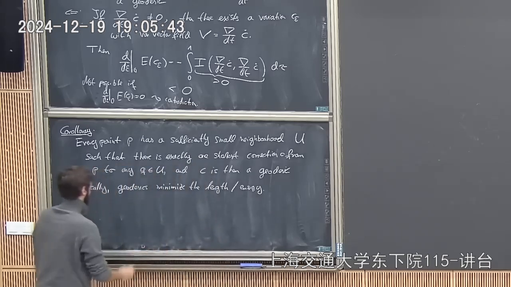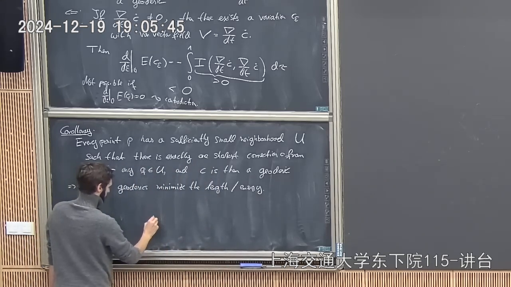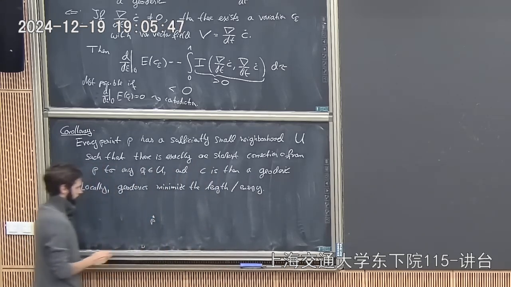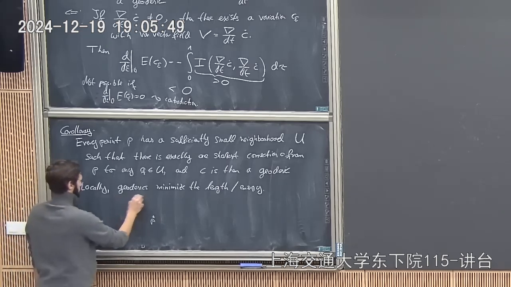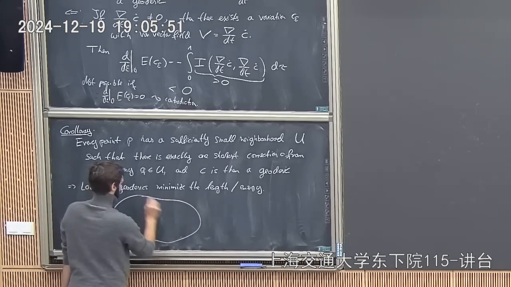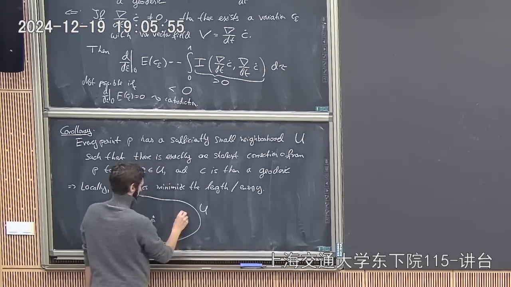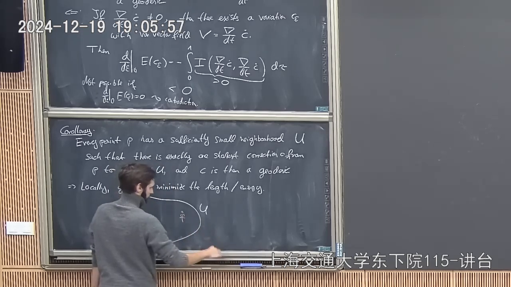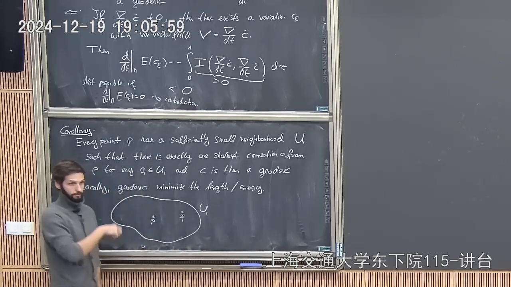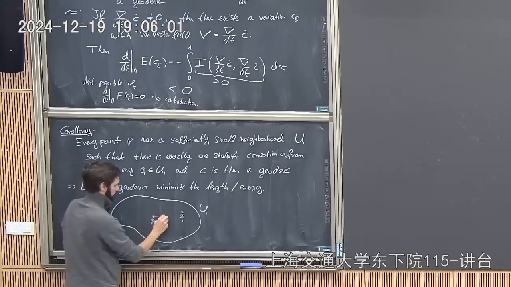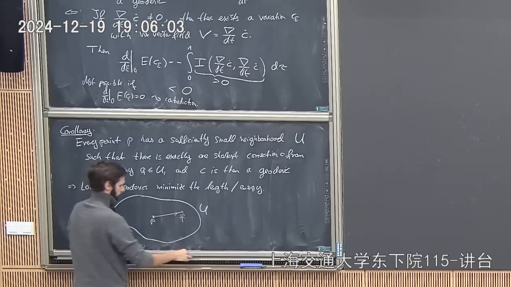So the picture here is we have every point, say we are given a point P, then we choose some neighborhood, which is U, such that every other point in the neighborhood has something like a straight line, which is the geodesic in there.